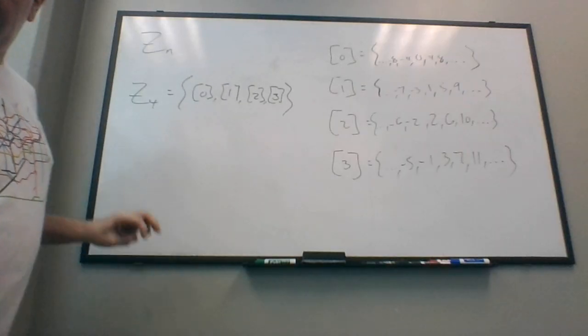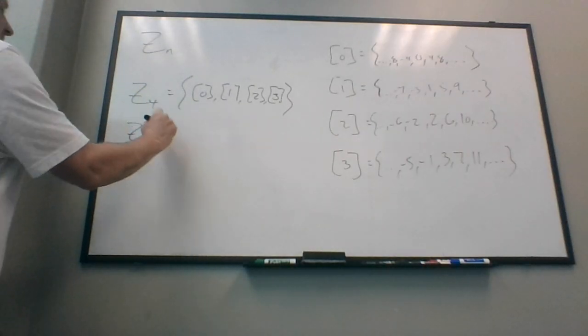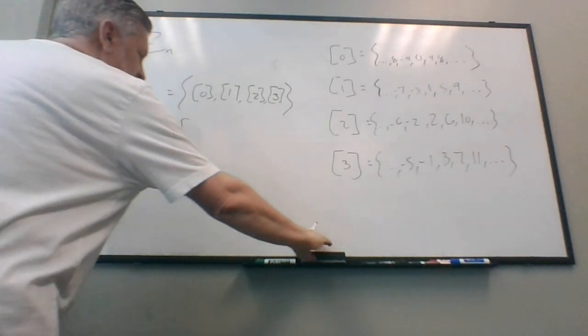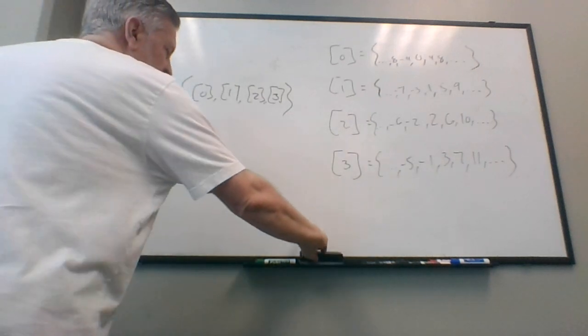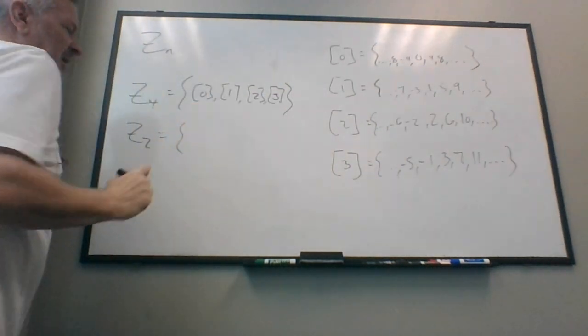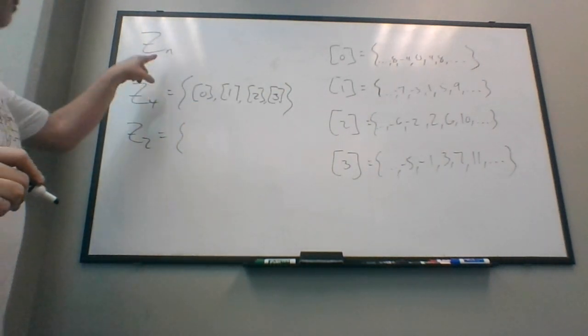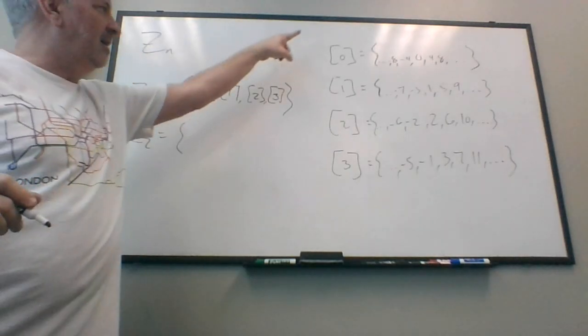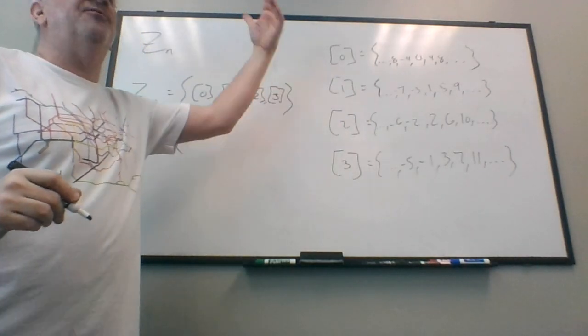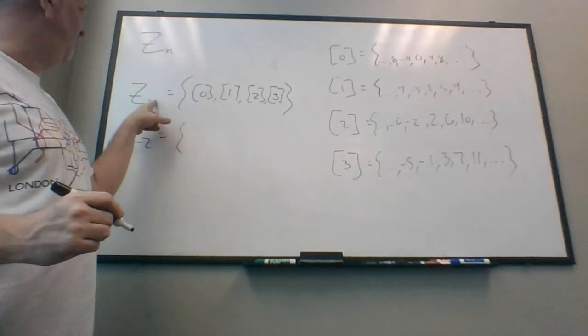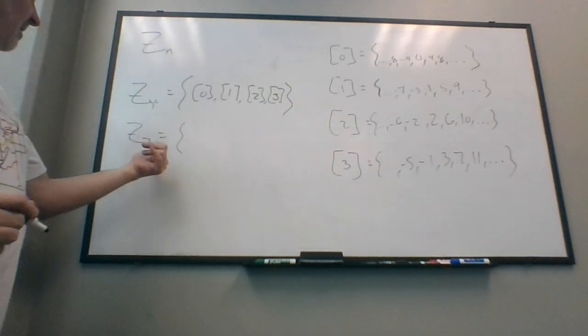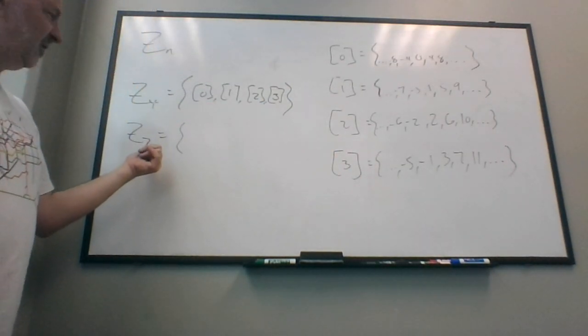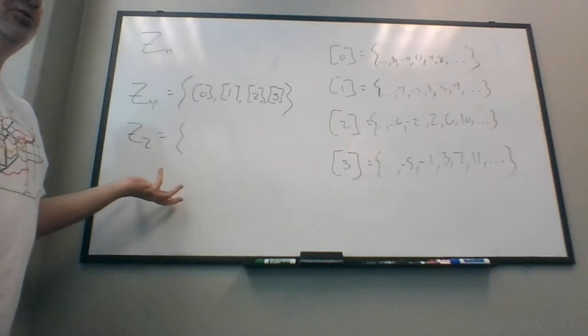Okay, it says do the same for Z2. So Z2, well, think about Z2. If we were going to do all this again, how many classes would we have? Well, when you're in Zn, Zn has n congruence classes. Z4 had 4 congruence classes. Z2 is going to have 2 congruence classes. Now, what do we choose for the classes?